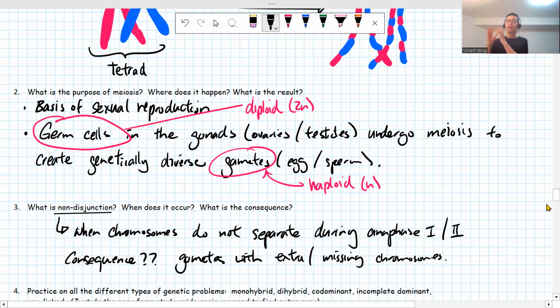If it happens in anaphase 2, then you would have half the gametes being okay. And then one would have extra, one would have missing. But if it happens in meiosis one, during anaphase one, then all the gametes are going to be problematic. 50% will have extra, 50% will have missing. Okay, so that is non-disjunction, when the chromosomes don't separate.